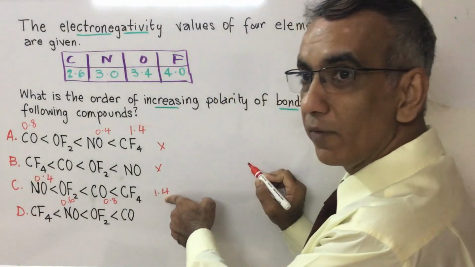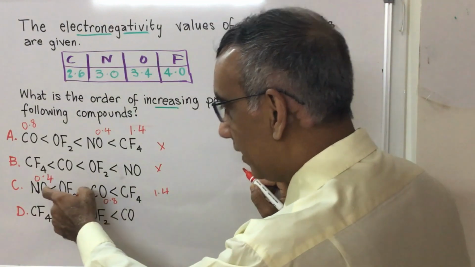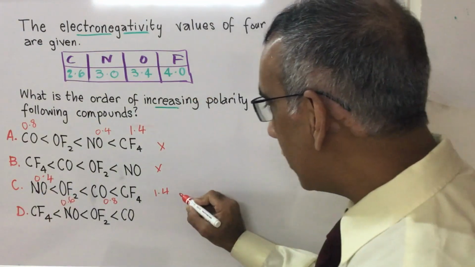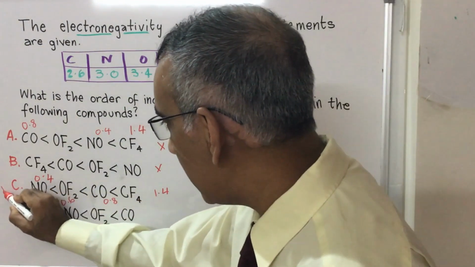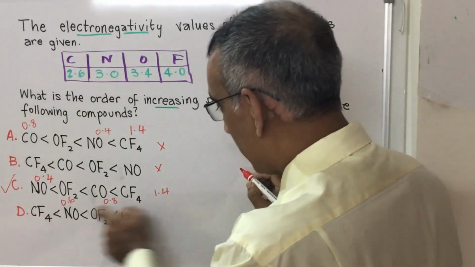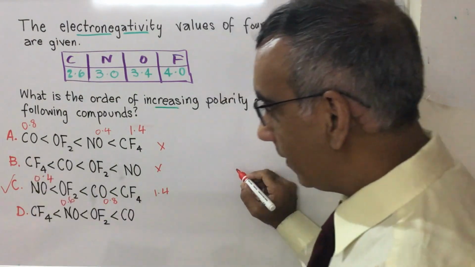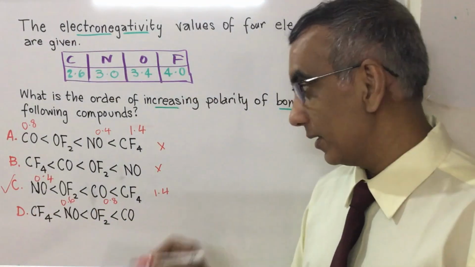Greatest polarity because of the greatest electronegativity difference, then this, and then this. So it immediately suggests that the answer is C, but you can quickly eliminate D also. CF4, of course, is 1.4, so you can quickly eliminate that, just like you eliminated B. So the answer to this question, C.